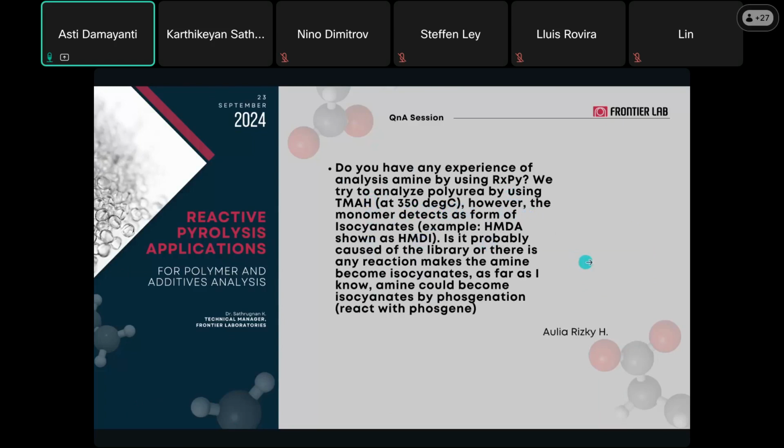However, the monomer is detected in the form of isocyanates. For example, HMDA is shown as HMDI. Is it probably caused by the library, or is there any reaction that makes the amine become isocyanate? As far as I know, amine could become isocyanate by phosgenation, with phosgene.